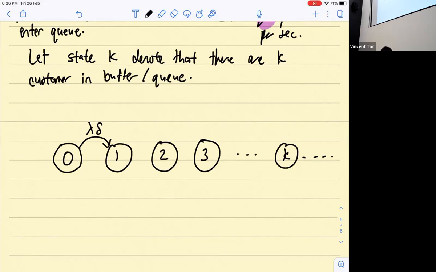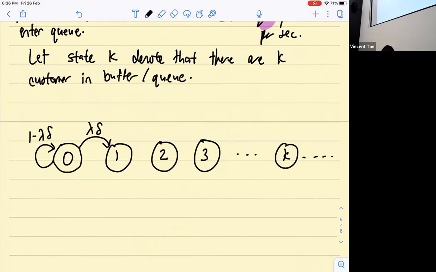And we are always talking about small time intervals of length delta. Now I have 0 people in my queue. What's the chance that I will still have 0 people in my queue? It's 1 minus lambda delta. Right?